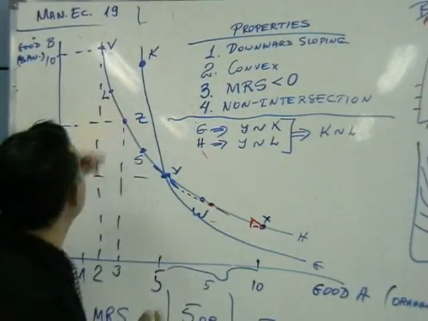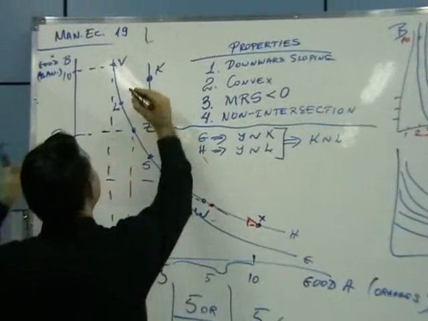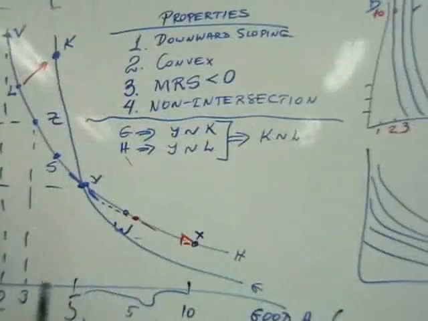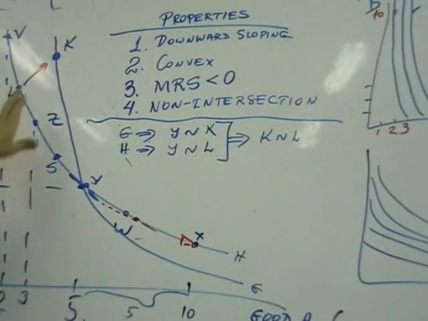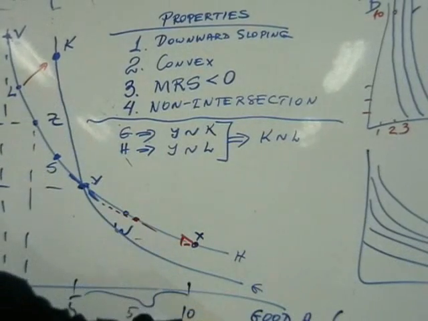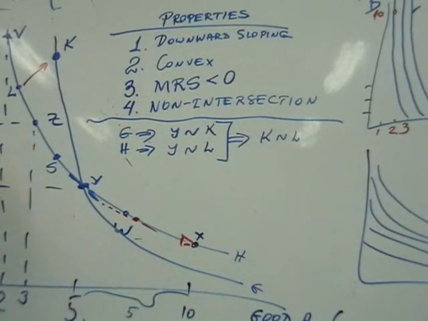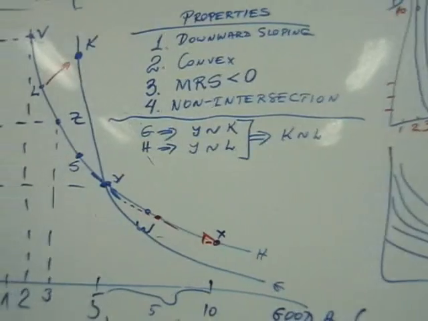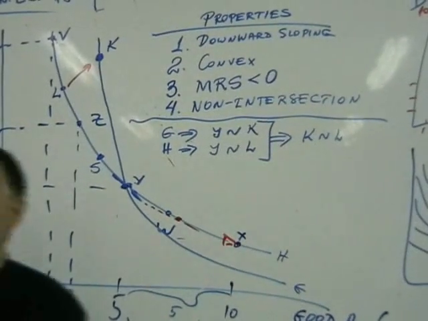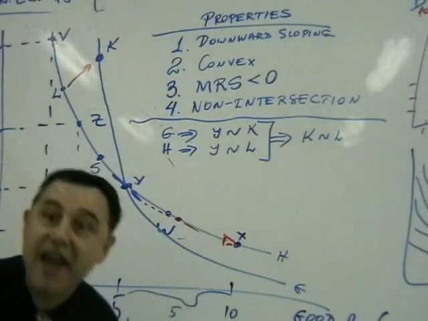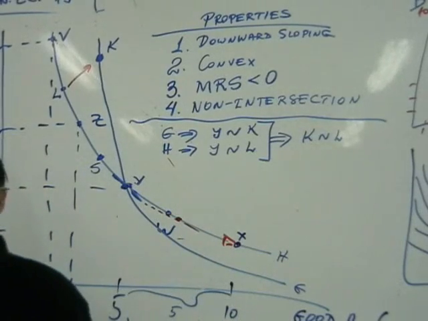But what can we say between K and L? Bundle K has more of good A and more of good B. In other words, bundle K has both more of good A and more of good B at the same time.